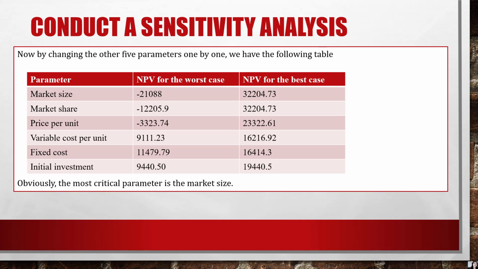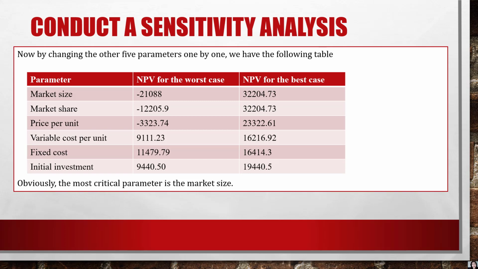Now for the market share, when we keep the other factors fixed and the market share varies, the worst case is negative 12,205.9, and the best case is 32,204.73.